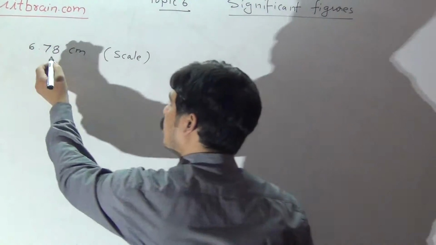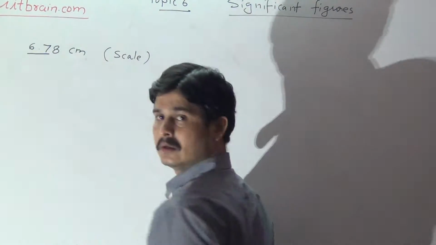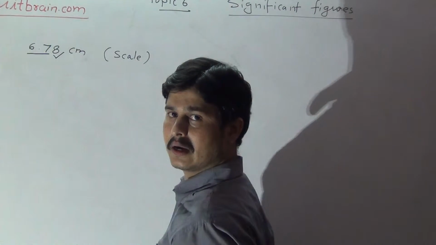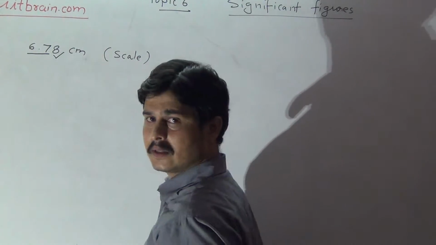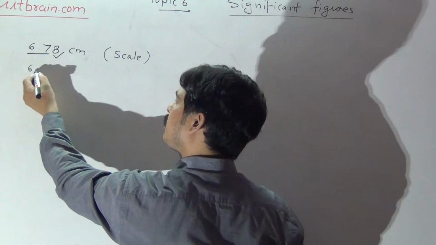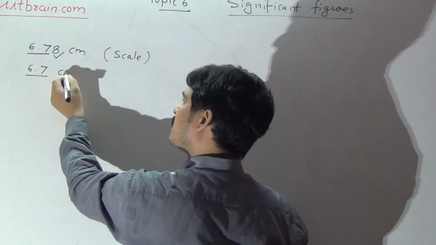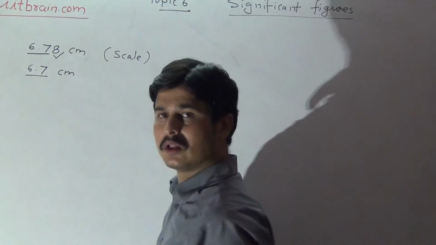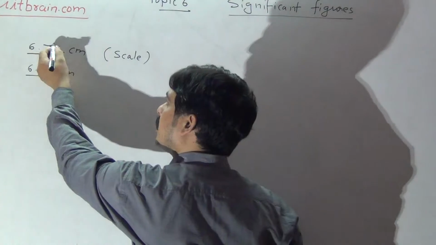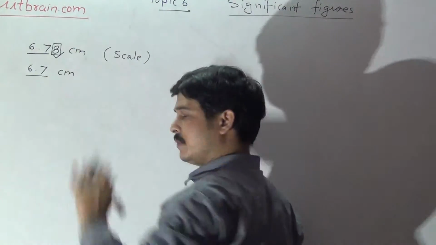A scale can measure up to only one place after decimal. So how can you measure this 8 by using a scale? So if you measure 6.78 centimeter by scale, only 6.7, this much answer, 6.7 centimeter will contain all the numbers as significant numbers, and this 8 will be known as a non-significant number in this explanation.